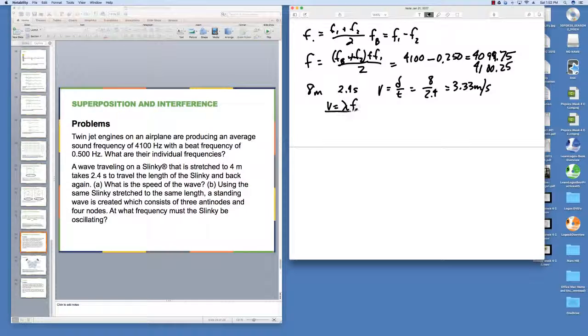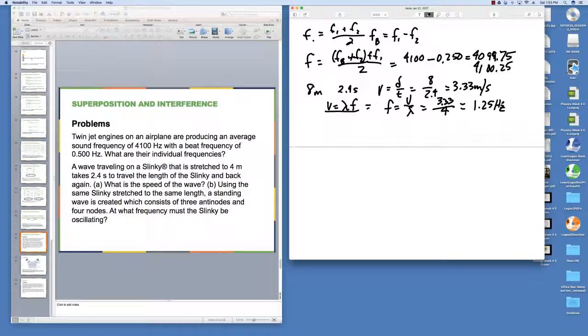This is a formula from a previous understanding that the velocity of a wave is equal to the wavelength times the frequency. And so this tells you that f is equal to v divided by lambda. So 3.33, and it's stretched the same length, so the wavelength is 4. So the frequency is 1.25 hertz.